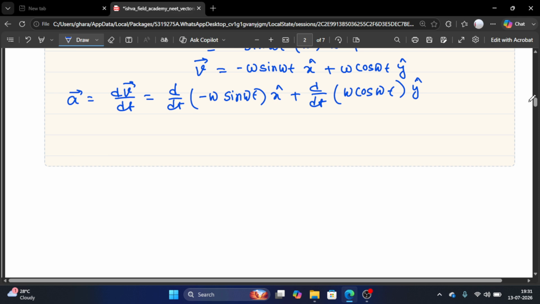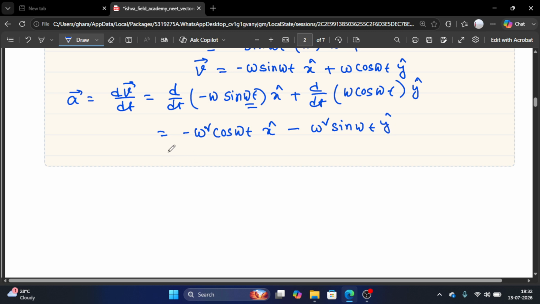Now differentiate this one. Omega is a constant, so you get minus omega square cos omega t x cap, because first you differentiate sin omega t to get cos omega t, and again differentiating omega t with respect to t you get omega. So from this, once again omega comes, that's why omega square, and plus omega square sin omega t y cap.